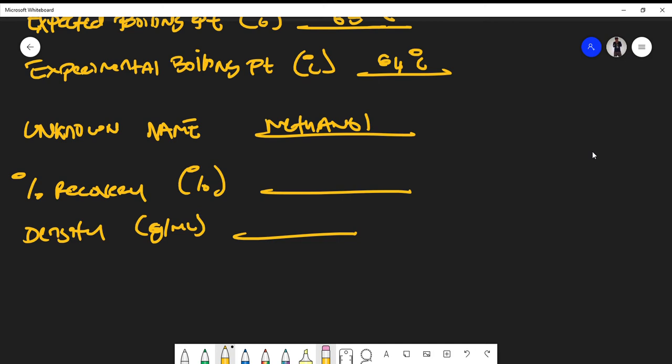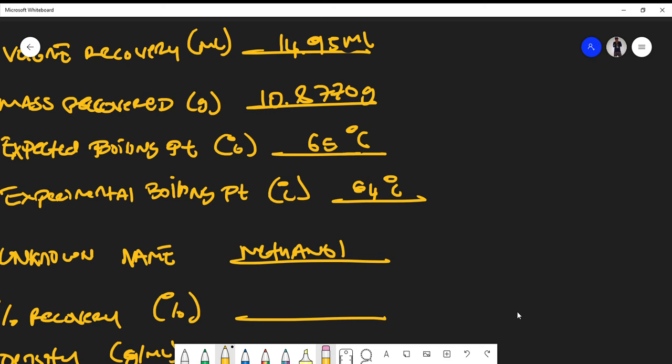If you know the density of methanol, in this case I have the theoretical value to be 0.791, then I could simply take the mass recovered, which is going to be in grams, and multiply that by my density, which I will flip from grams per milliliter to milliliters per gram. So that's another way of calculating your volume recovered.